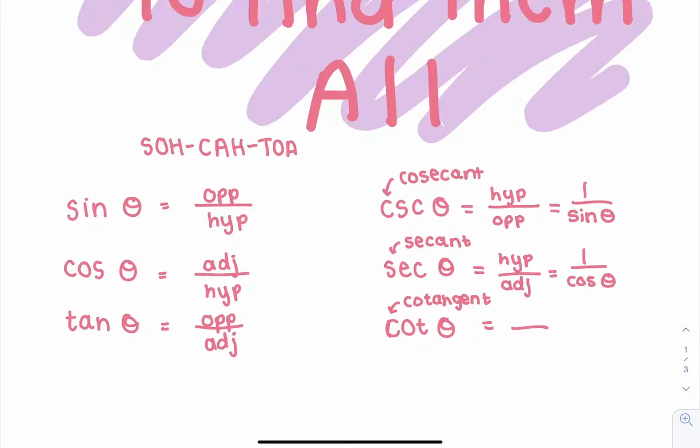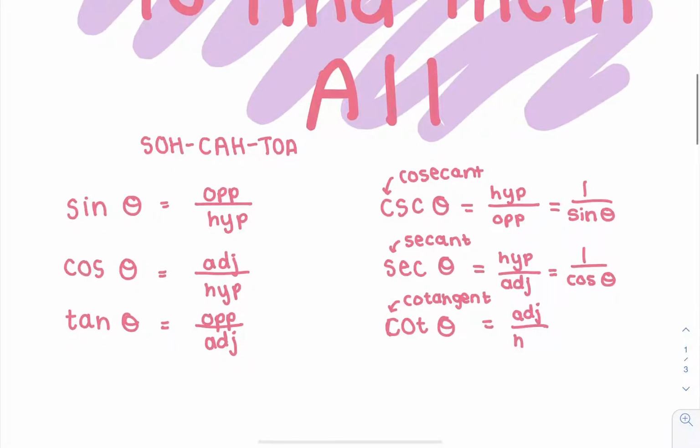So if you know what cosine is, you just flip the fraction to find what secant is. And last up is cotangent, which is adjacent over opposite, which is 1 over tangent of theta.